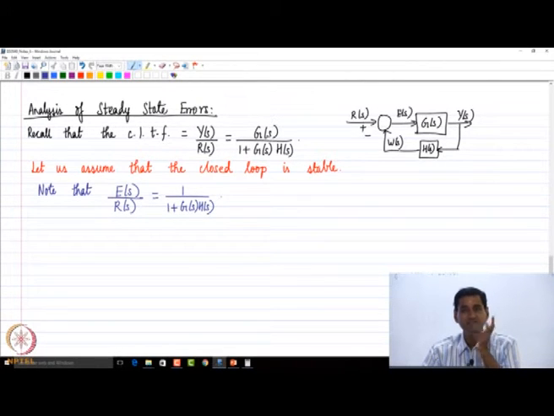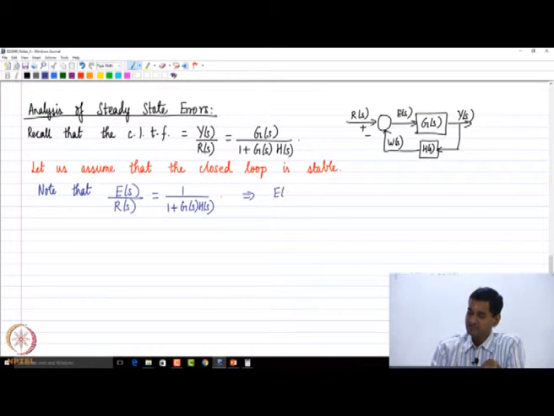So you can easily figure out that E of s by R of s is 1 by 1 plus G of s H of s. This implies that E of s is equal to R of s divided by 1 plus G of s H of s.